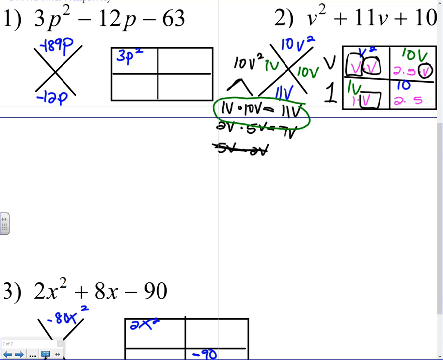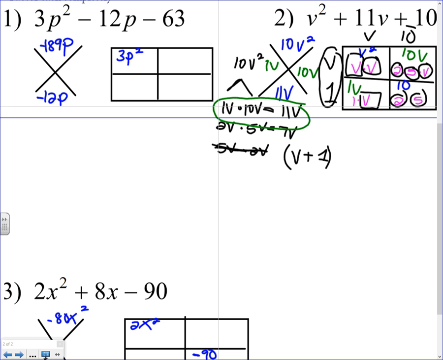So right here on top, I'm going to put in a b. Now, what factors do these two have in common? They have a 2 in common, and they have a 5 in common. And 2 multiplied by 5 will give me 10. Now, remember, this will give me b plus 1.